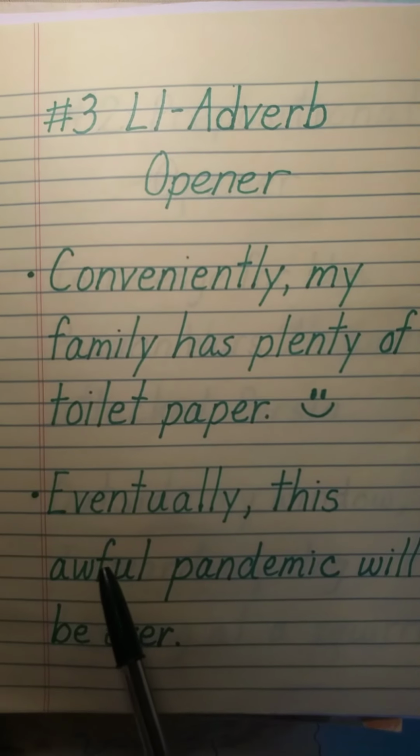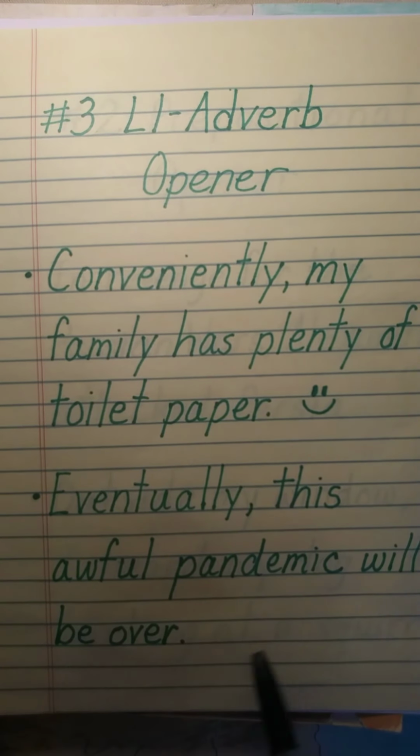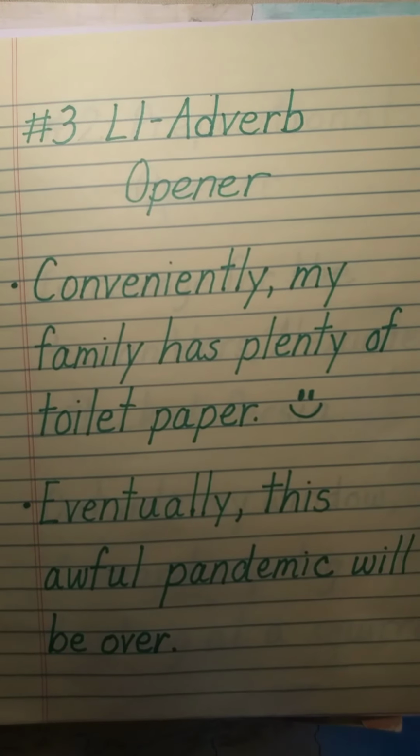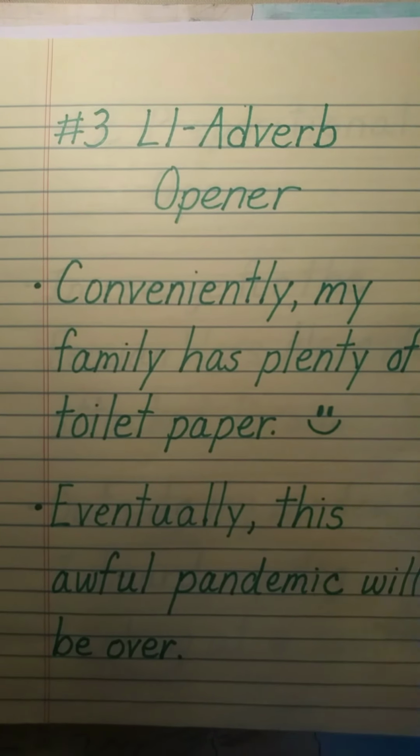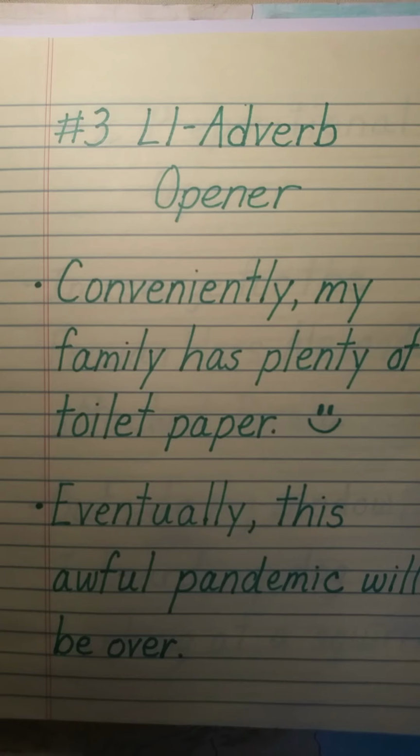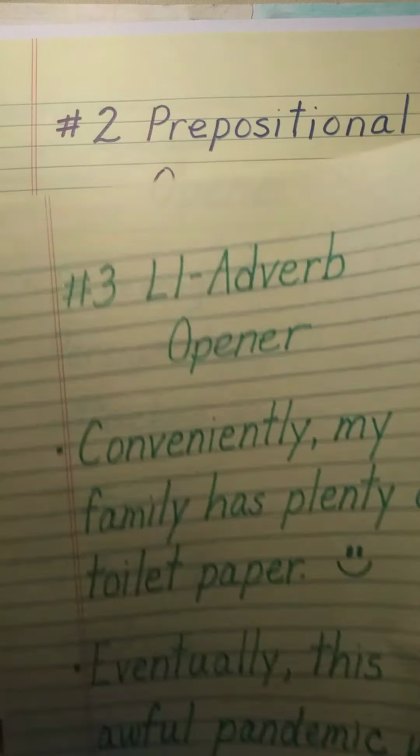And then the other example, eventually, comma, this awful pandemic will be over. Ly adverb eventually, comma. Okay, and remember also when you label this, this is a number 3 that you just put out in the margin of your paper, so you can indicate to me that you have included an ly adverb opener in your paper.